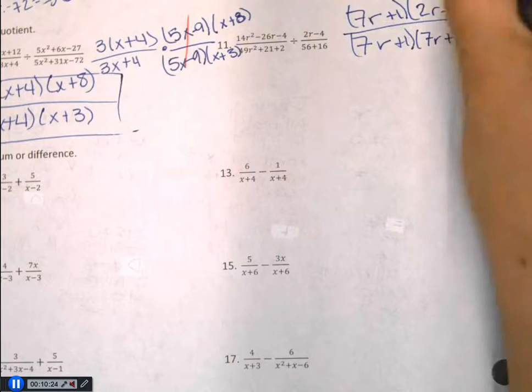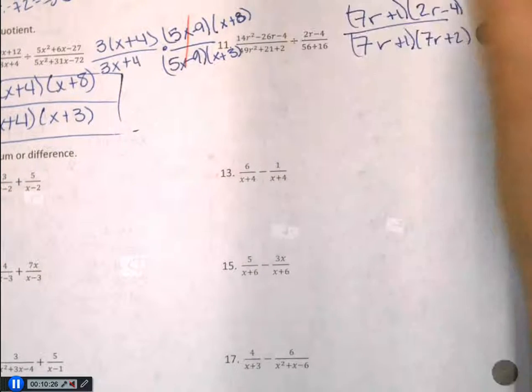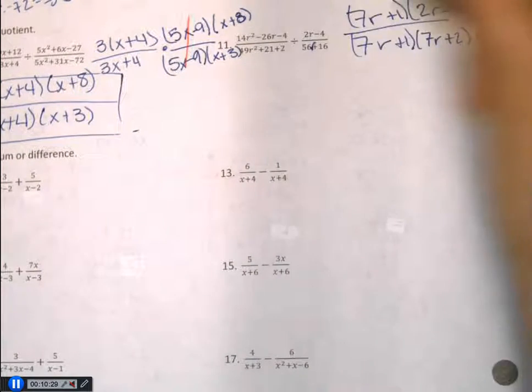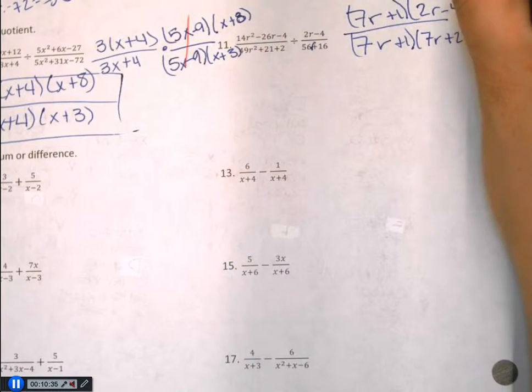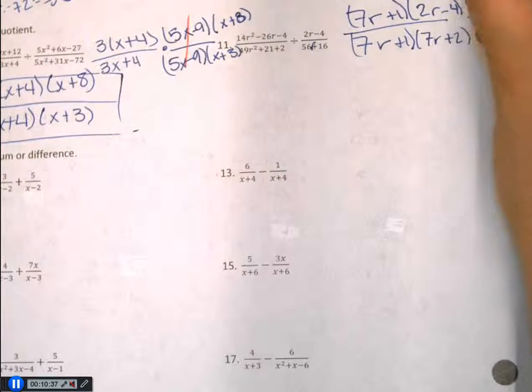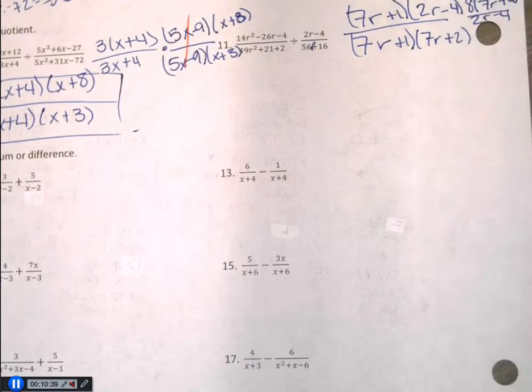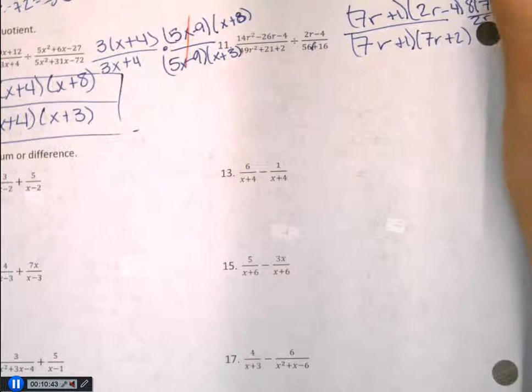And then over here, I'm going to flip this, so I'm going to have, I forgot an r right there, 2r minus 4, and then on the top, 8 goes into both 56 and 16, so I'm going to pull out an 8. 7r plus 4. No, 2. Just kidding. Can't do math.